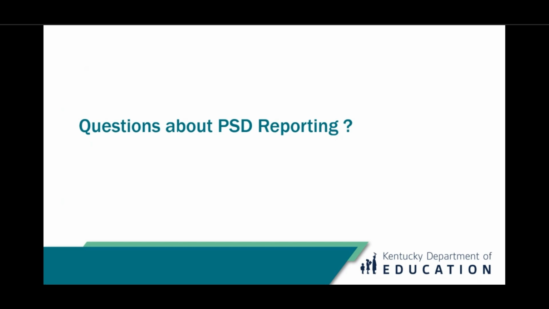It could be that a summary class code doesn't match an object code, and you've got to make that correction so that when you actually pull the report September 15th, you've already made that correction and you're ready to go. There could be more errors at that point, but by knocking out as many as you can before then, I'm going to have much more time to really help individuals, especially those of you that are new and are doing this for the first time.